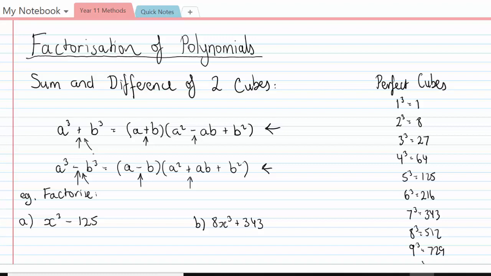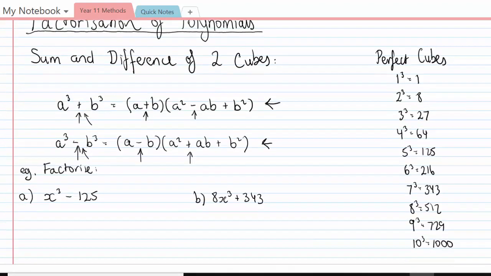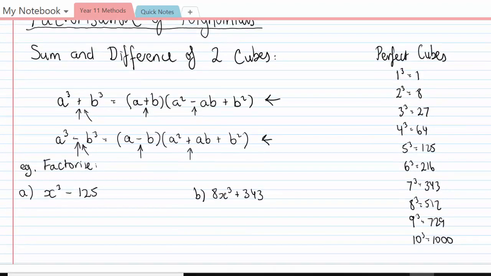Now you notice as well on the right hand side of the screen that I've written the perfect cubes. So I've mentioned before that I would expect you to know up to 25 squared, or to at least recognize those numbers. And we also need to know up to 10 cubed. So I imagine that a lot of these you could figure out fairly easily, but there's probably a few that are a bit more complicated.